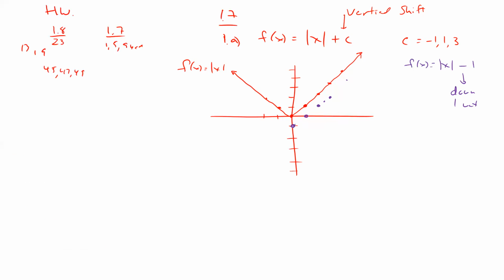So you have a graph that's doing this. The -1, 1 now becomes -1, 0. The -2, 2 now becomes -2, 1. And you have the purple graph. And we'll label it as f of x is equal to the absolute value of x minus 1.